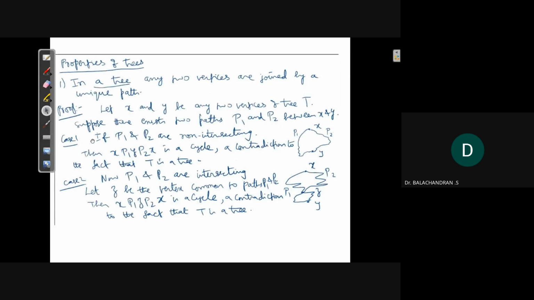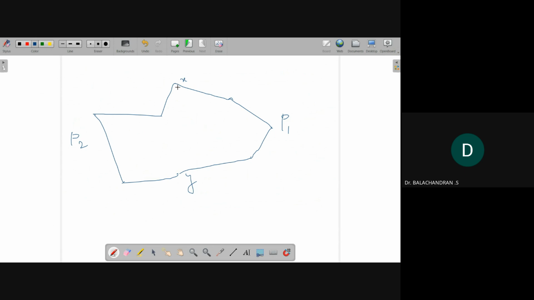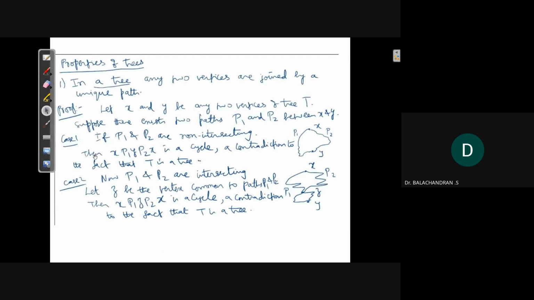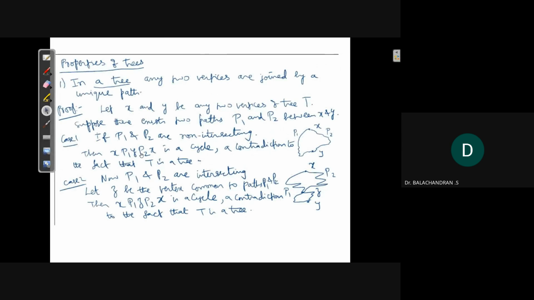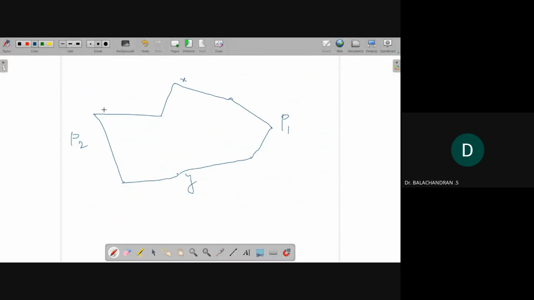If P1 and P2 are non-intersecting, that is, intersecting only at X and Y, then X P1 Y P2 X, this portion is called P1, and then this portion is called P2, and then X, is a cycle.